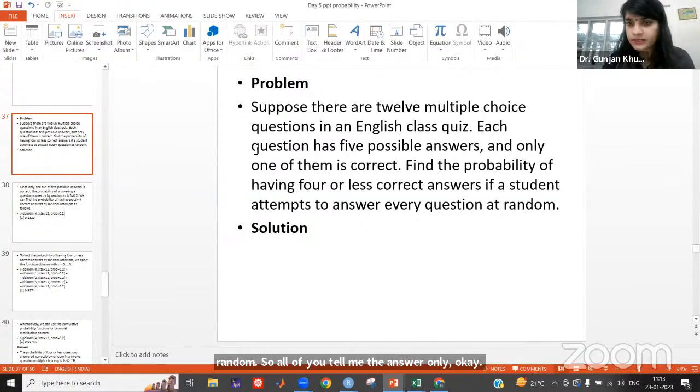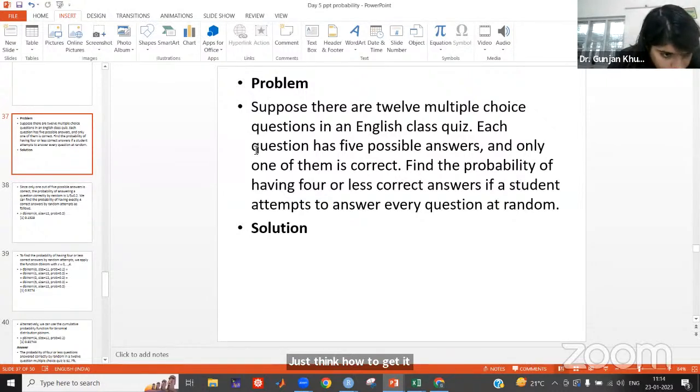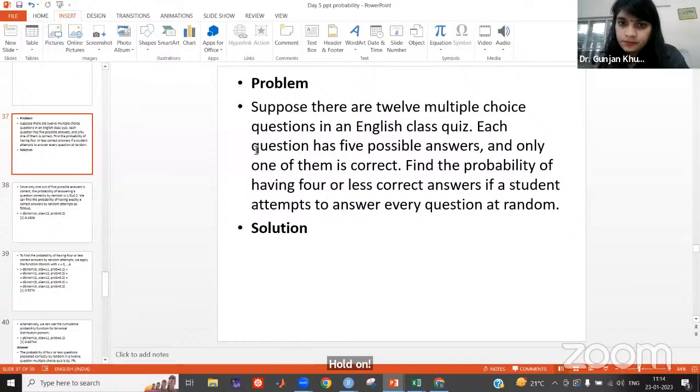Just think how to get it. And while doing this question, please verify your answer on your own through 2 functions, the cumulative one and the density one, both the functions, mass function, okay?